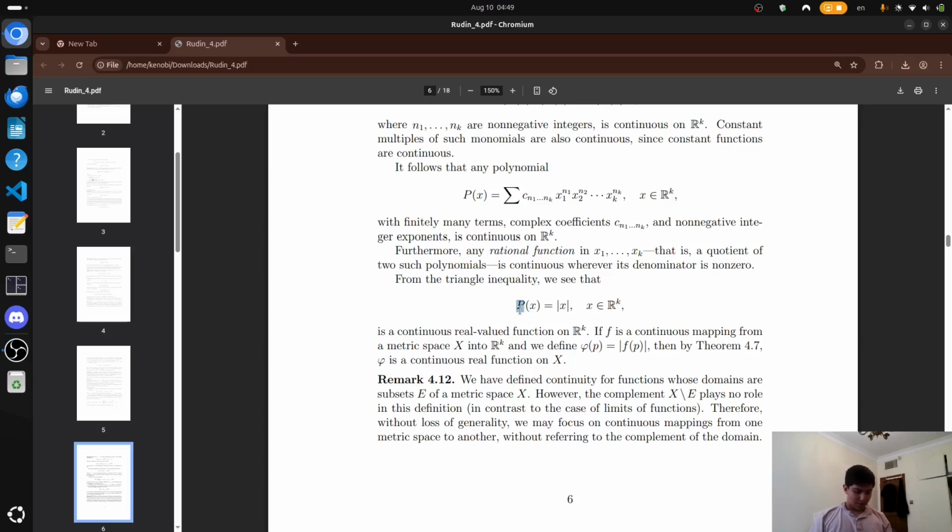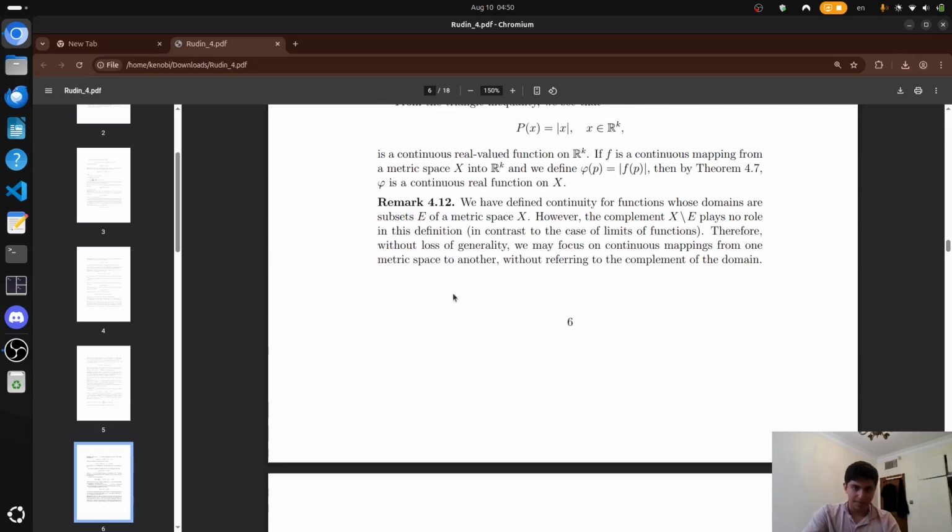So here again you can take delta equals epsilon to get the result, because it's less than or equal to the domain part. If f is a continuous mapping from a metric space X into Rk, we define phi of p equals the absolute value of f of p. It follows from theorem 4.7 that phi is a continuous real function on X. We have defined continuity. Okay.